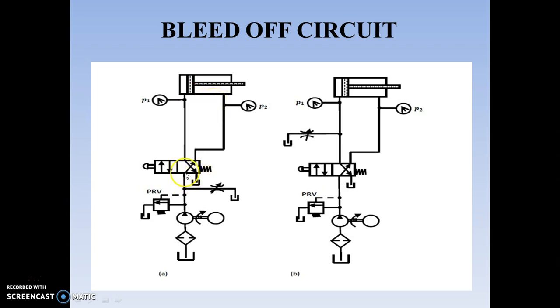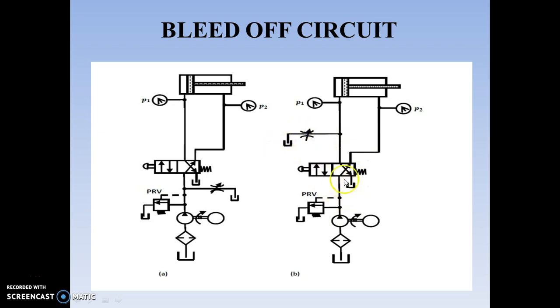Now we can see the circuit from the pump inlet is going to working port B and it is entering the hydraulic cylinder, and from the head end side the liquid is entering port A and it is reaching the tank.